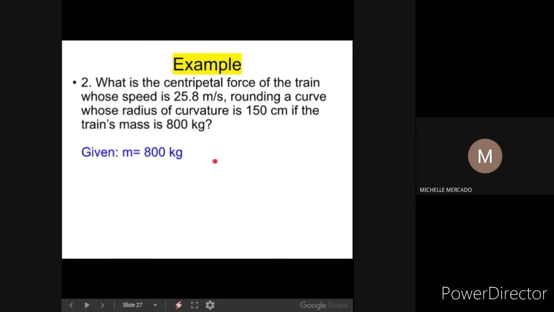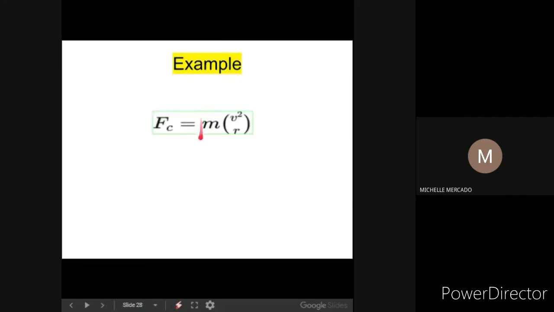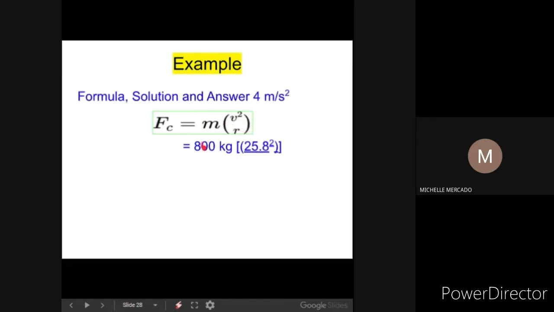Ano po yung gagamitin natin? Okay, so centripetal force is equal to mass multiplied by the velocity squared divided by the given radius. So 800 kilogram times open parenthesis 25.8 squared divided by 150. First, you're going to multiply 25.8 by itself, then multiply it by 800.